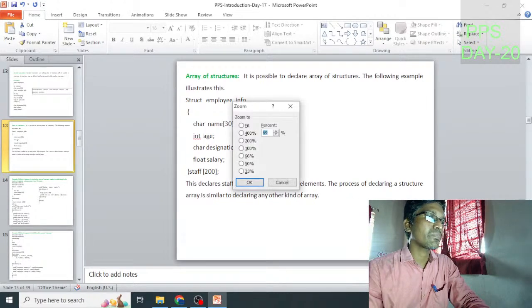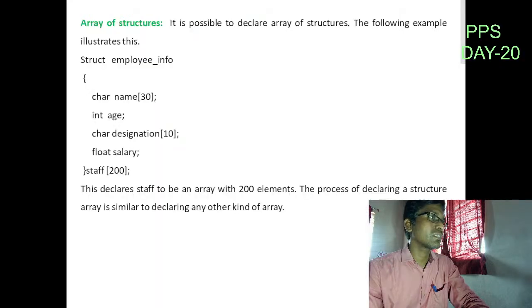So this is the syntax or declaration of an array of structure. The example is struct employee information. It has a structure name, followed by name, which is a character data type, then age, designation of the employee, and salary of the employee.